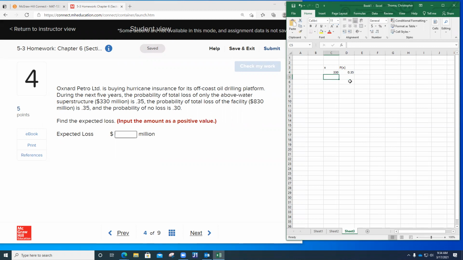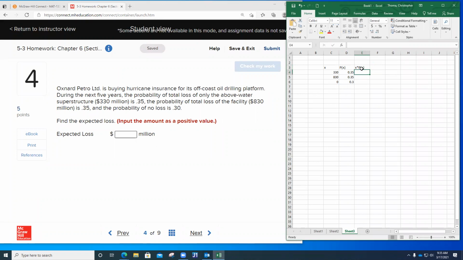The probability of total loss of the facility is 830 million. And that is a 0.35 as well. And the probability of no loss, so I lose no money, so that's a 0, is 0.30. Expected is the mean. So again, x times p of x. And because they want it as a possible value, I don't have to make these negatives, right? Because it's expected loss.